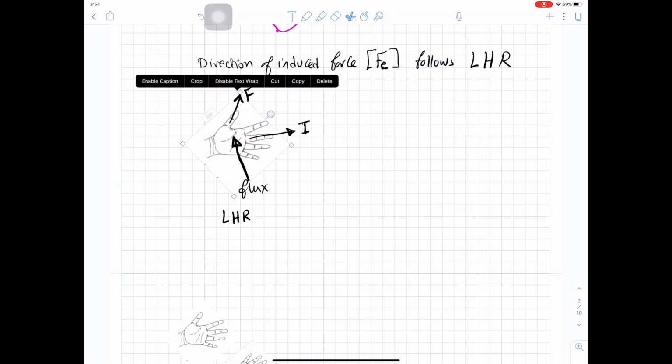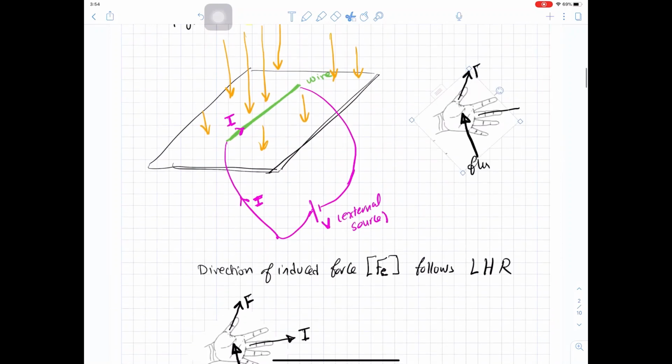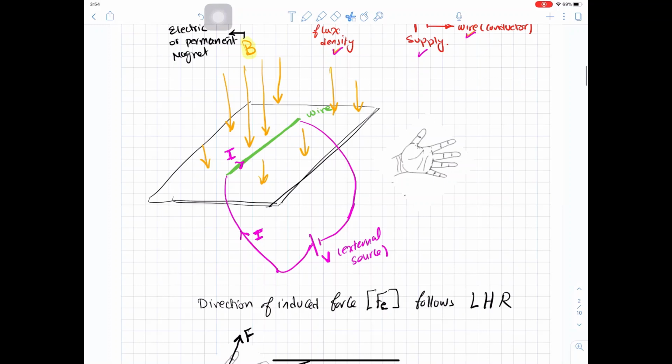So if we apply this left hand rule here, the flux is coming into the hand, the current is going in this direction, so the force will be in this direction.